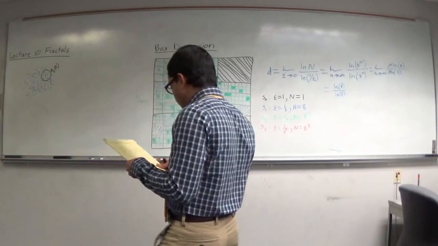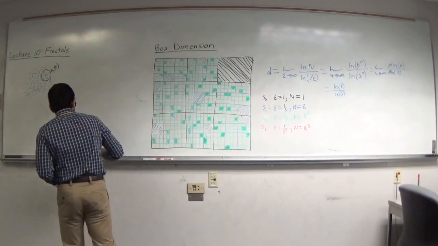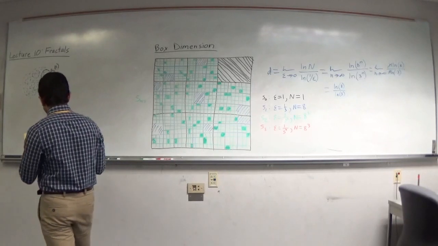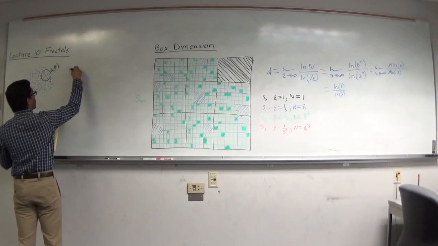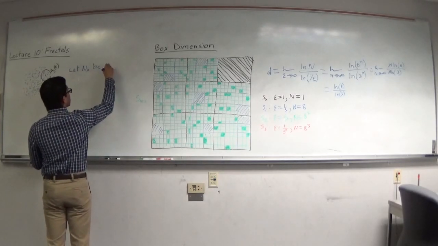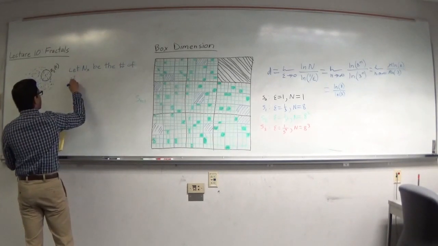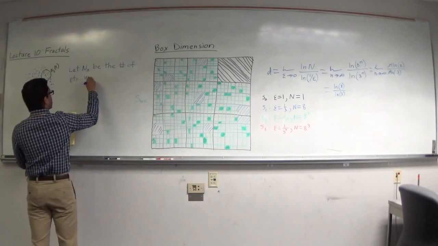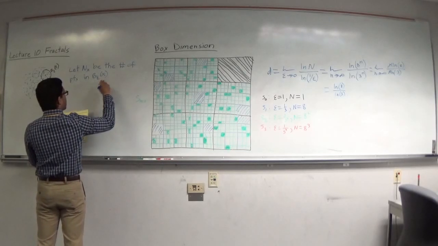So then we can write this. Let n_x be the number of points in B epsilon of x, at each x.